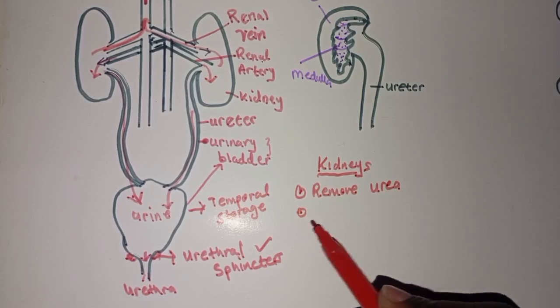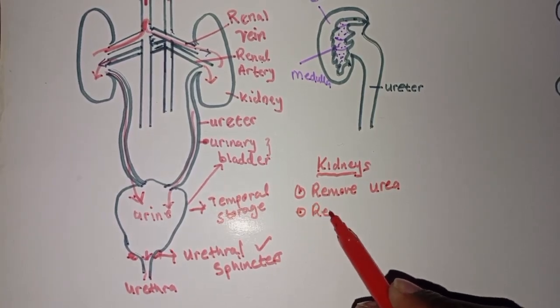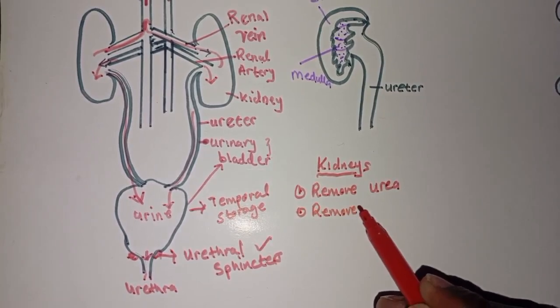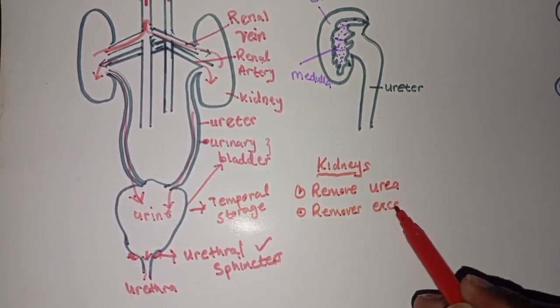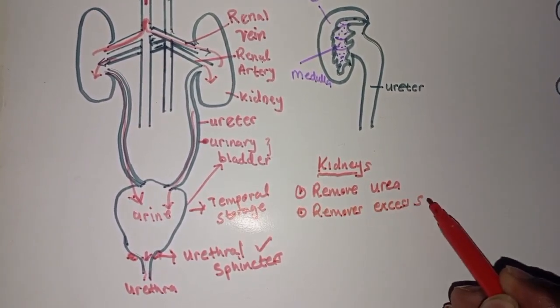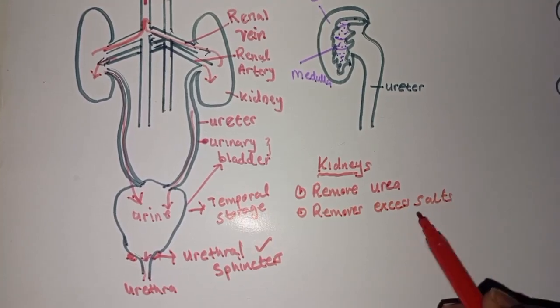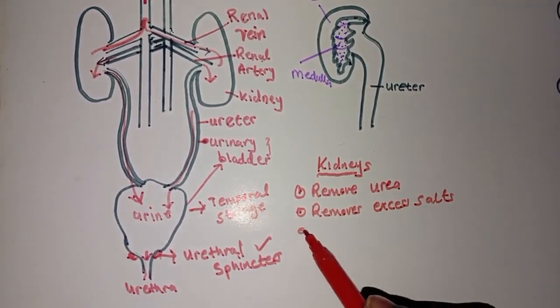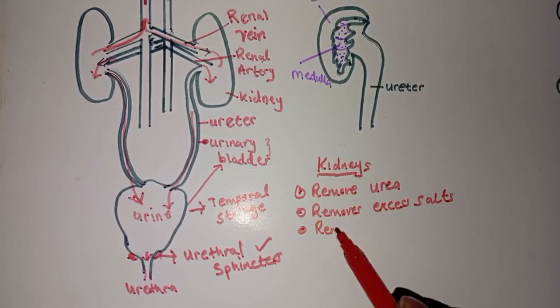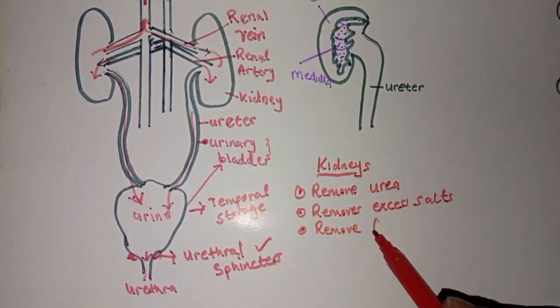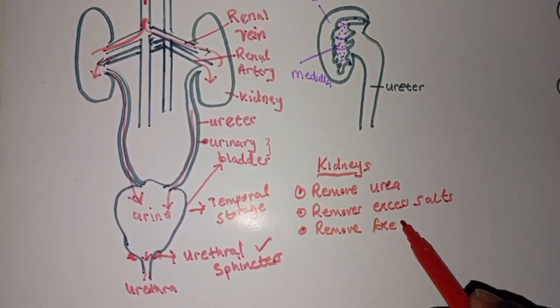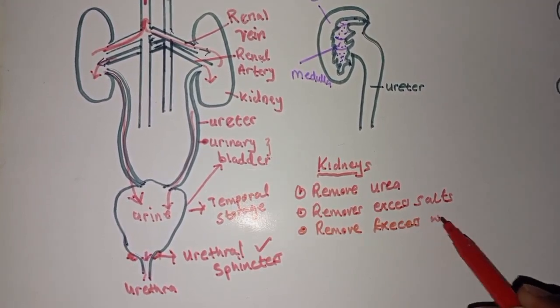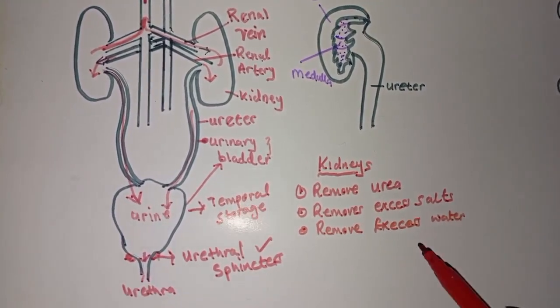Also, it removes excess salts. You notice I'm using the word excess, because some salts are important for the body, so it only needs to remove excess, and also to remove excess water, okay? So water is important for the body, but you don't need a lot of it.